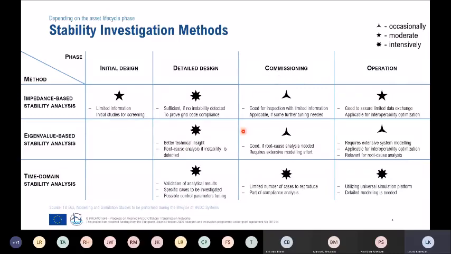During the commissioning, we start to use the frequency domain approach less and support with time domain when potential retuning of the system is needed. In operations, the time domain approach is quite popular.